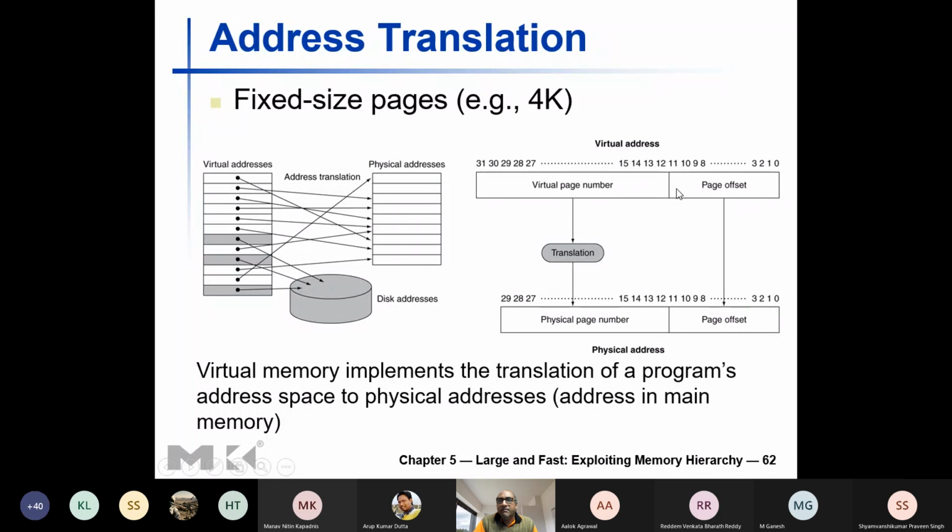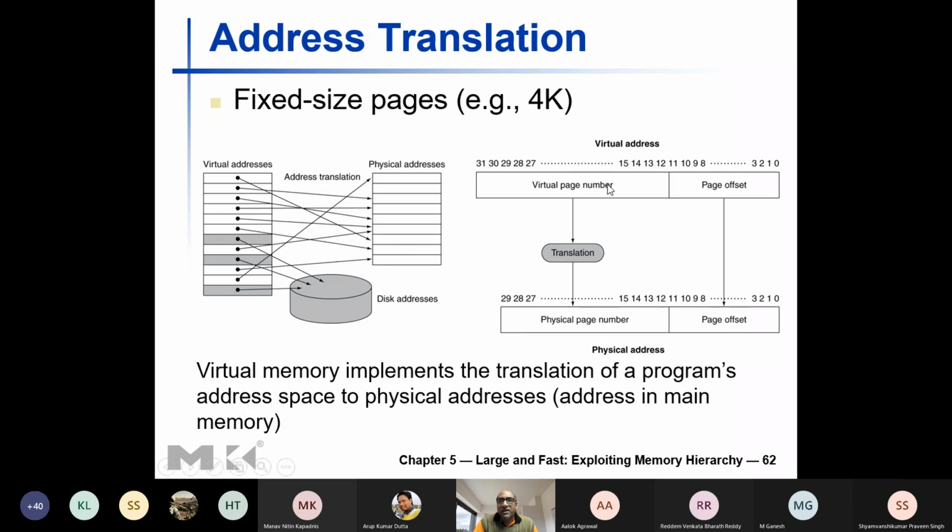The same way, if you try to visualize the case of cache memory, you have a block, and the block may contain one word or 4 words or 8 words or 32 words, whatever it is. If you want to fetch the desired word from the block, by using a word offset we will pick up the right word and give it to the CPU.